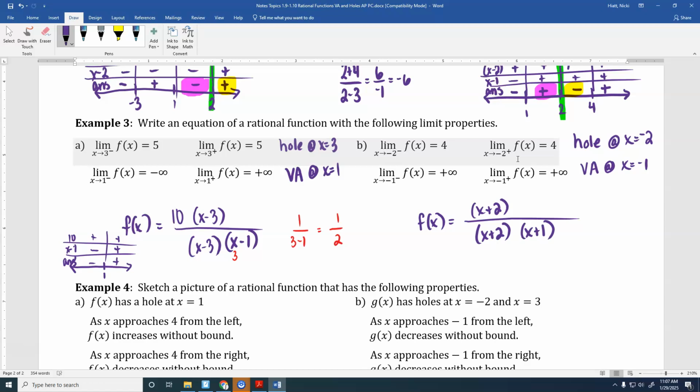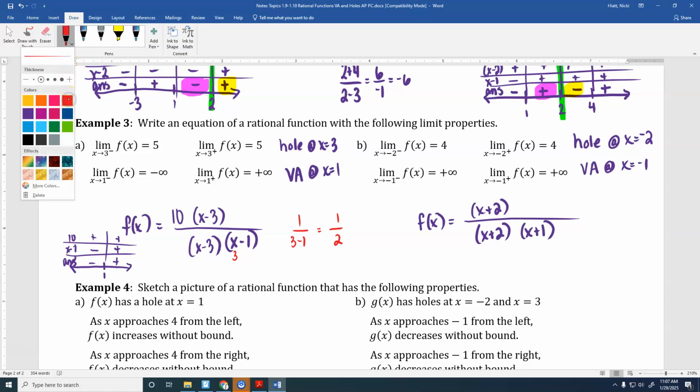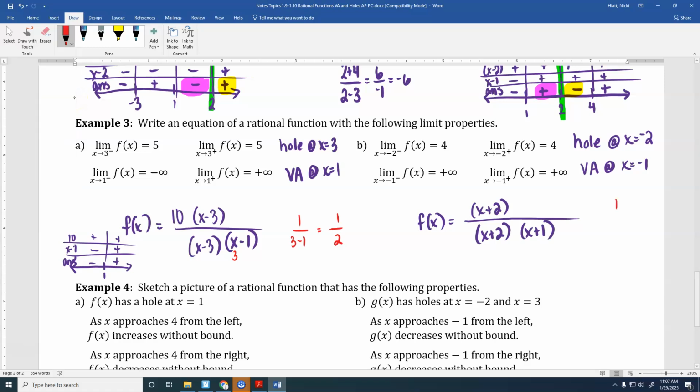So let's think about this 4 right here first. Right now, x plus 2 will cancel. If they do cancel, then I'm doing the limit as x approaches -2. There's just a 1 in the top, and I'm having to plug in a -2 plus 1 here.